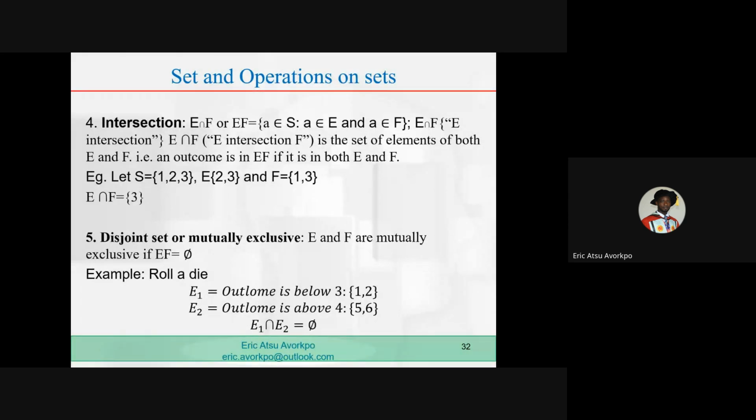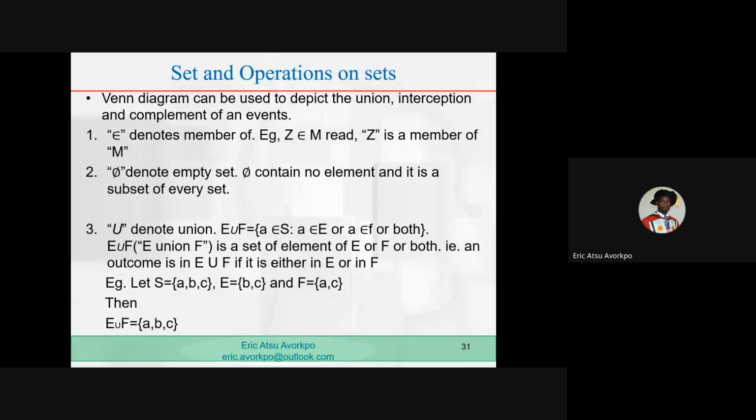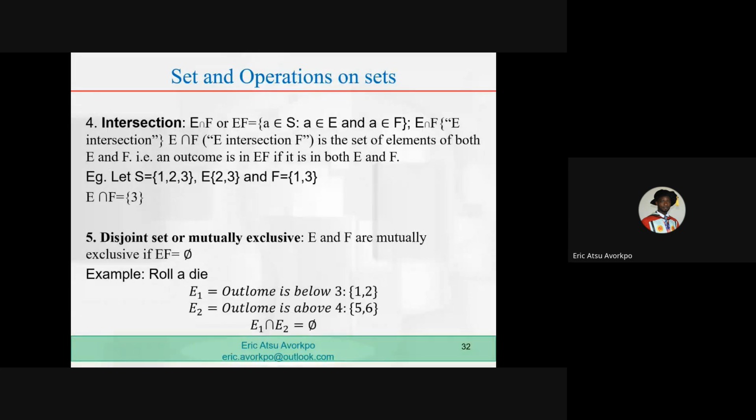In that previous example, you could see that C is the intersection of E and F. So E intersection F is C in this case. We give an example here. Then we also talk about the disjoint set, or the mutually exclusive.